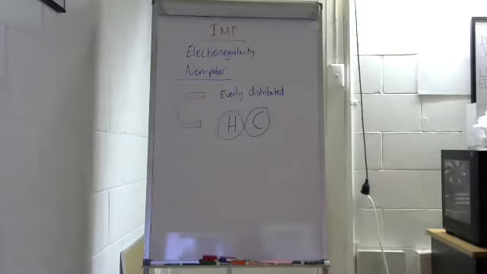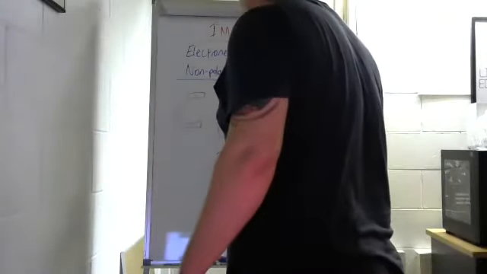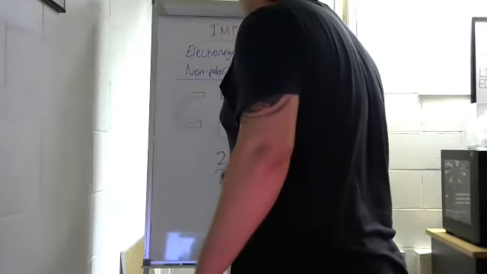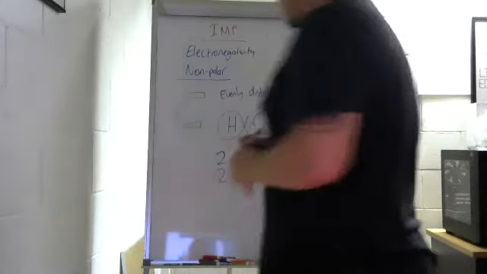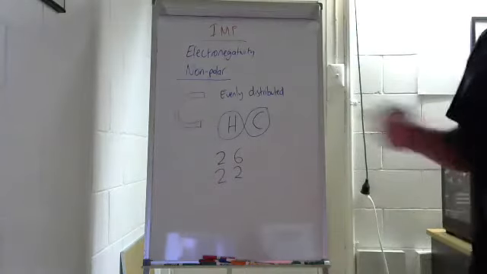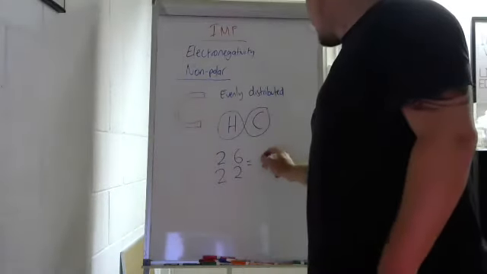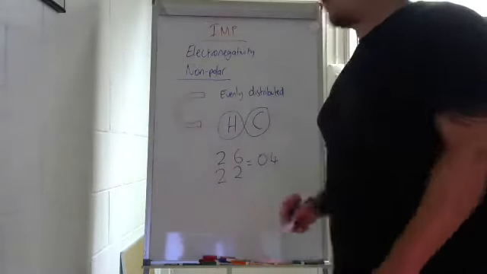Okay, so I might get this wrong, carbon is 2.6, hydrogen is 2.2. So the difference between them is 0.4.